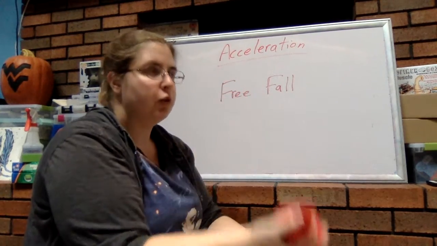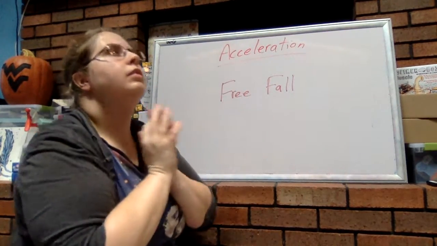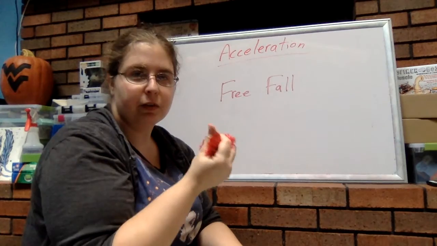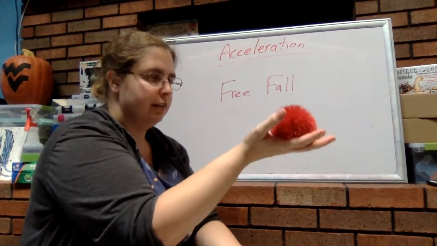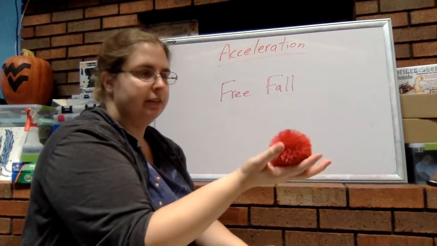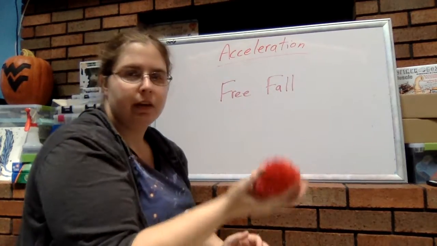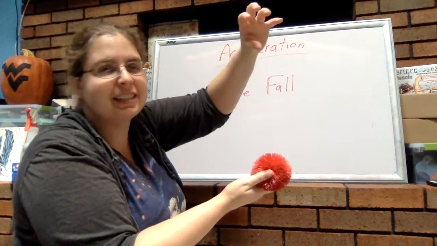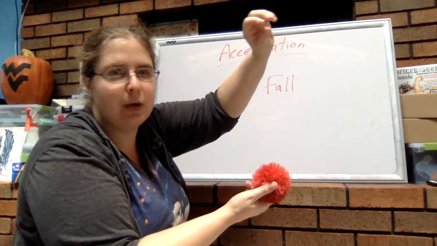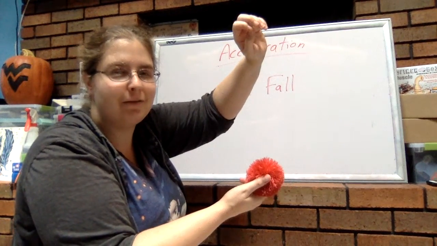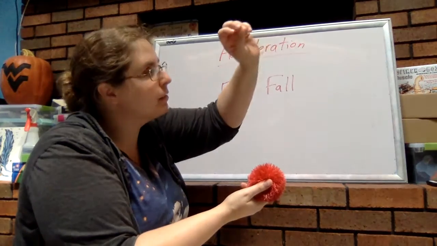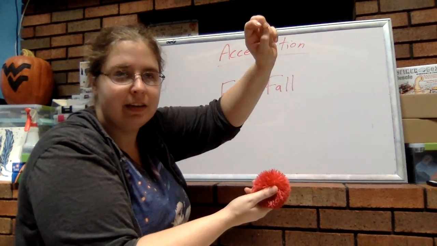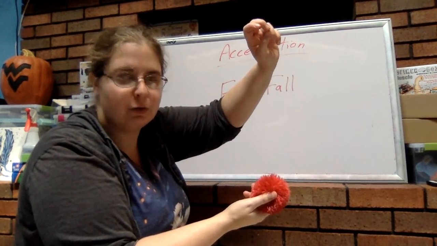Even if I was to toss this up, it's still considered free fall, because if I throw it up here, it'll accelerate upwards. It'll actually stop for a fraction of a second. It'll have no velocity. So for a fraction of a second, at the peak of its toss, it's at zero, like when it's at rest.